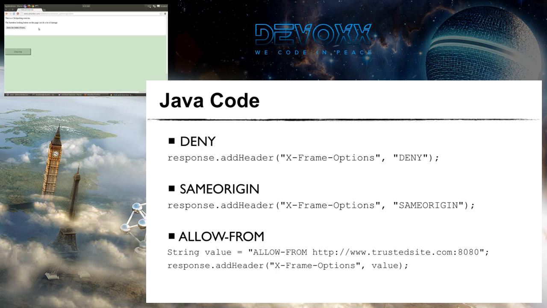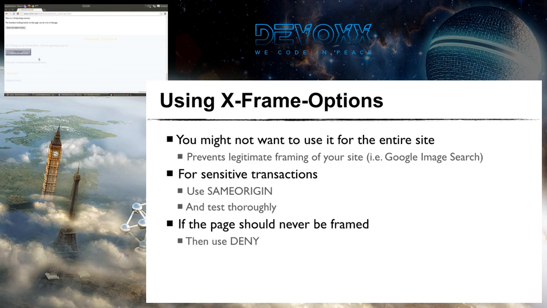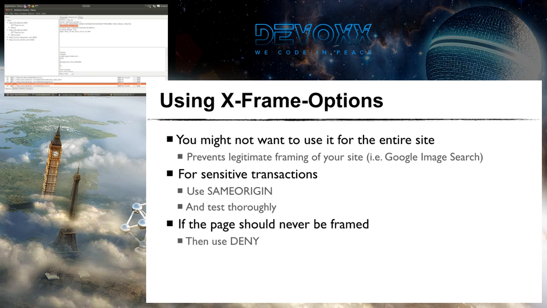But if I go ahead and do it from the same origin of victim.com and hit enter, now when I click me and show the hidden iframe, you can see that it's allowing that particular page to be framed. So that shows how we can allow framing or prevent clickjacking in specific situations using the X-Frame-Options header. And if we go back and look in Paros here, you can see that all we have to do is change the value of the X-Frame-Options header itself.